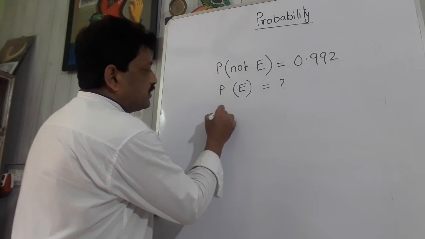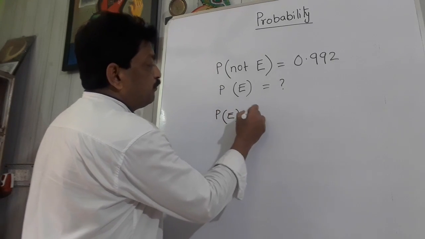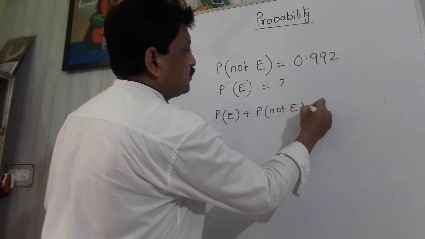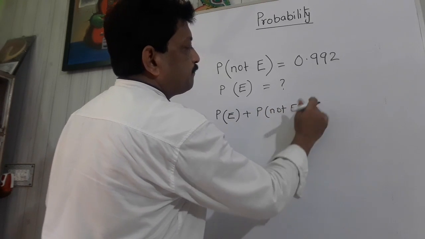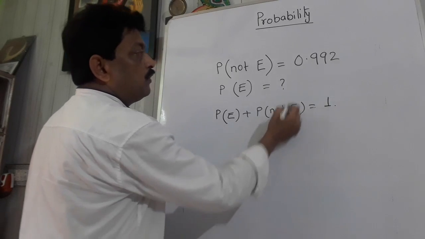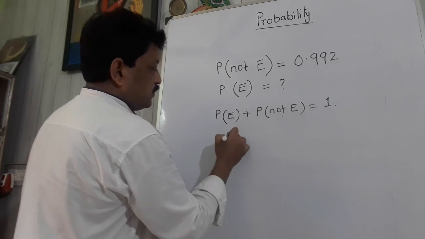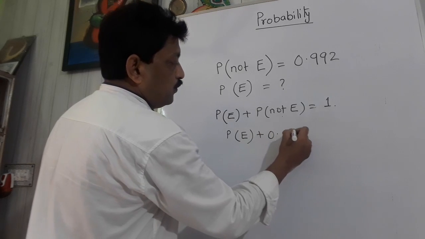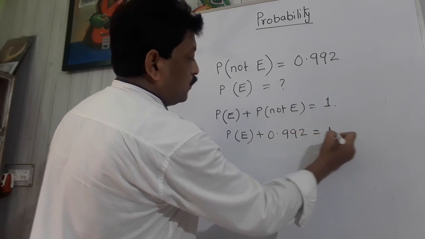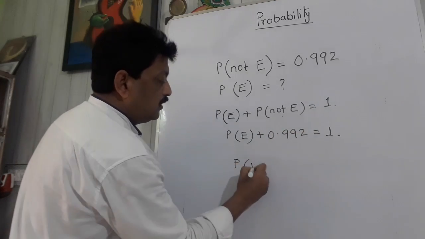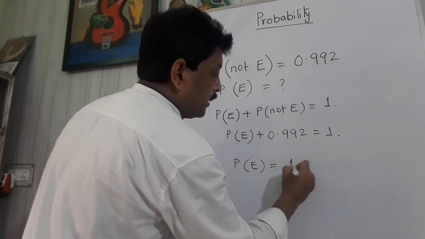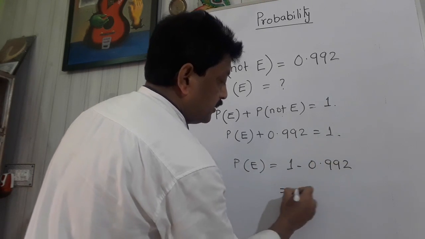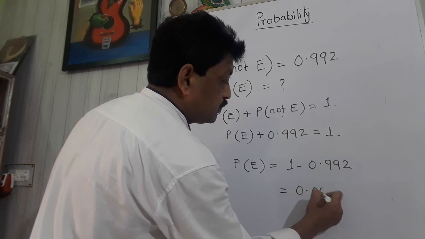Again we are going to use the same formula. P(E) plus P(not E) equals 1. Here P(not E) is known, therefore P(E) equals 1 minus 0.992, that is 0.008.